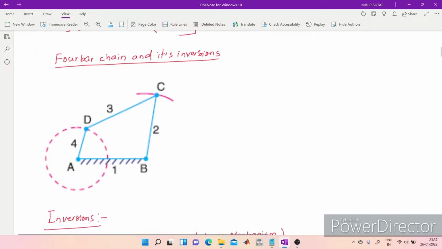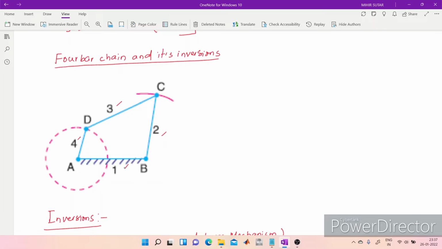Let's say it is having 4 links, all are turning pairs, and let's say this is link 1, link 2, link 3, link 4, and as a linkage we need to fix one link here.